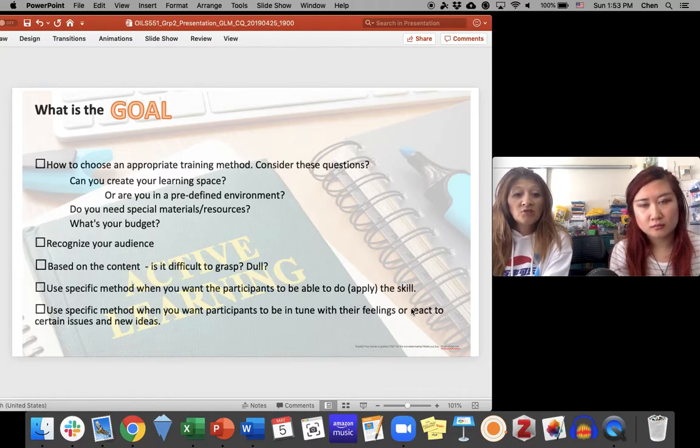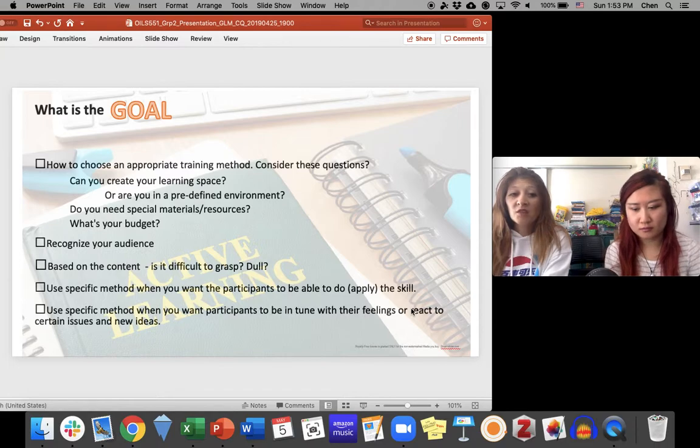And then, use a specific method when you want participants to be able to apply a skill. So the role model, the demonstrations, you're giving them that experience of applying the skill. Some of them are more about how it makes them feel, behavior driven. So those are things to consider. And the last thing is to use a specific method when you want participants to tune in with their feelings.